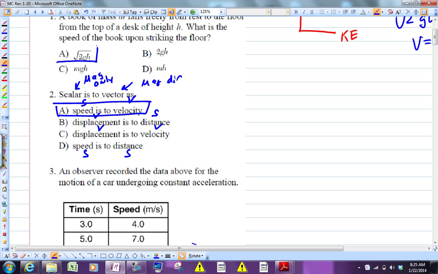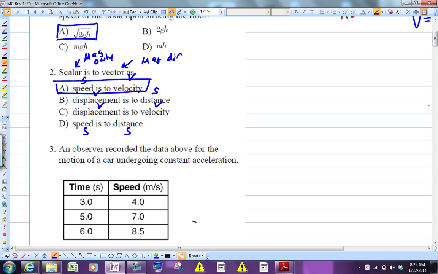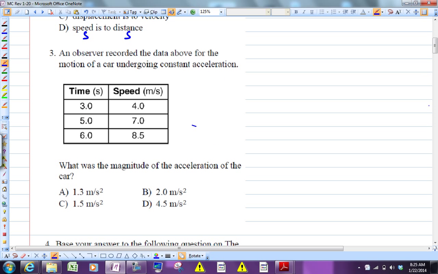And actually I forgot to put the answer around there. Question 3, when you look at this, this is a car that is accelerating. So if you want to calculate the acceleration, the definition of acceleration is change in velocity over change in time. Put another way, that's final velocity minus initial velocity over final time minus initial time.